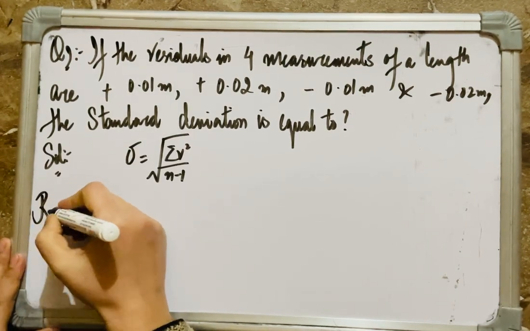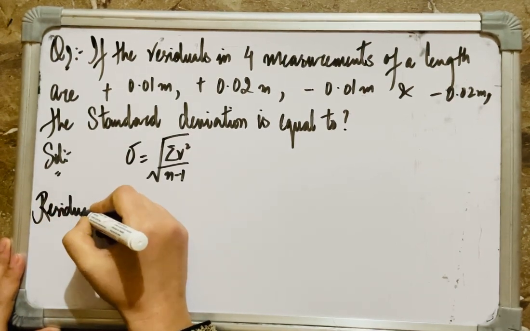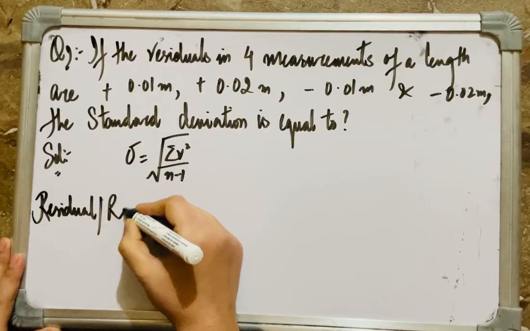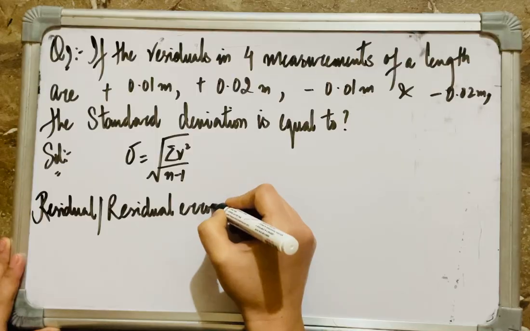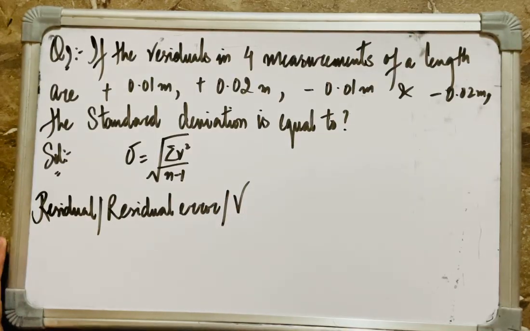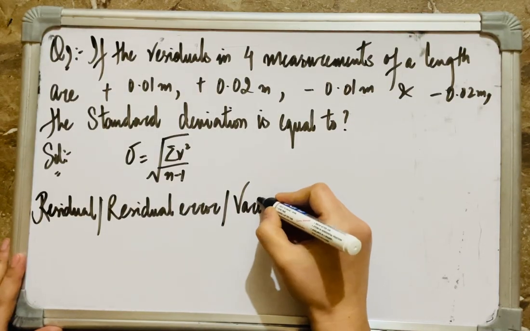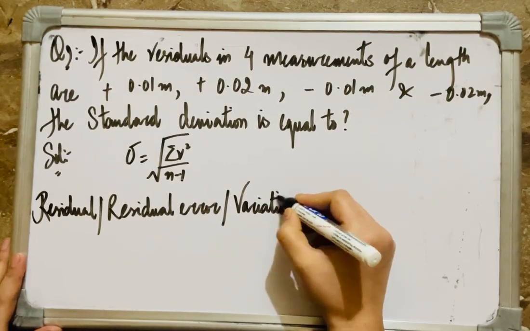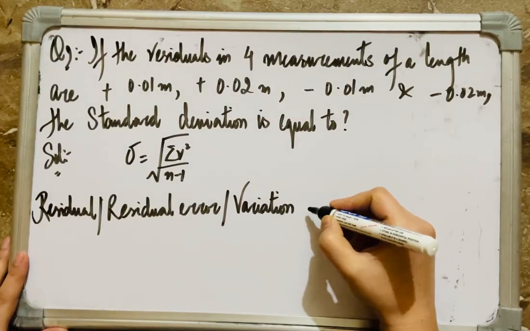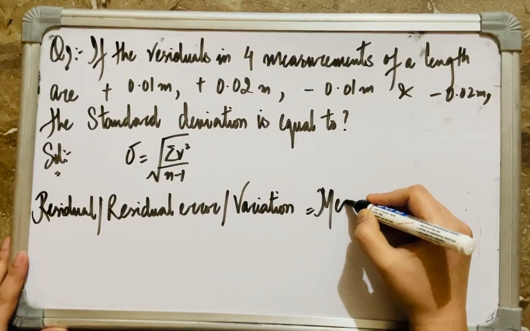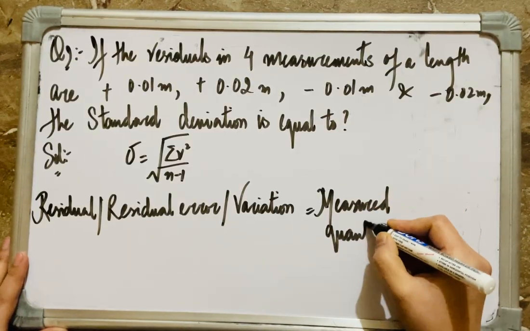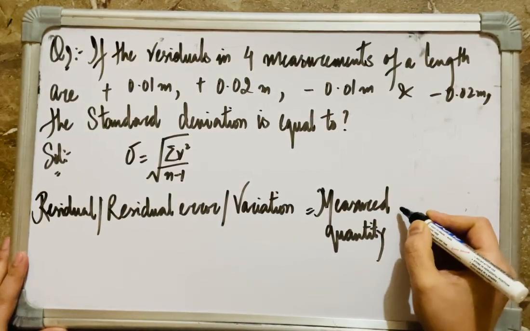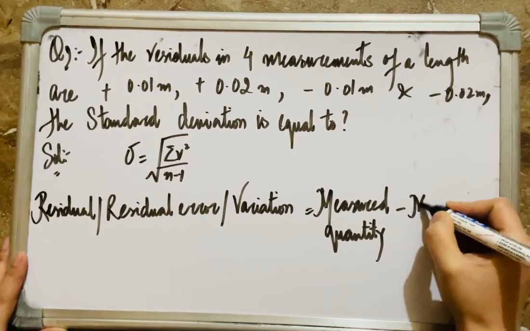Residual, or residual error, or also known as variation, is equal to measured quantity minus most probable value.